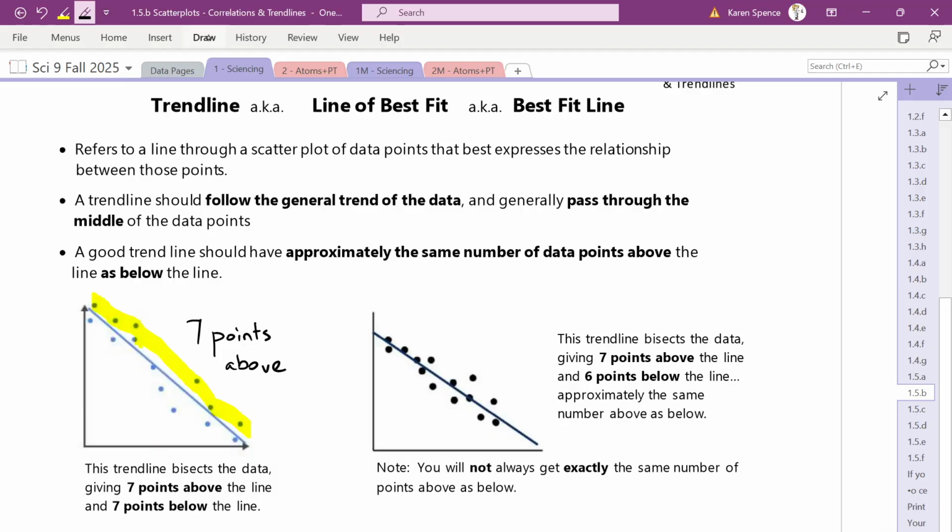And we also have 1, 2, 3, 4, 5, 6, 7 points below. So you really want to try and have about the same number of points above and below.